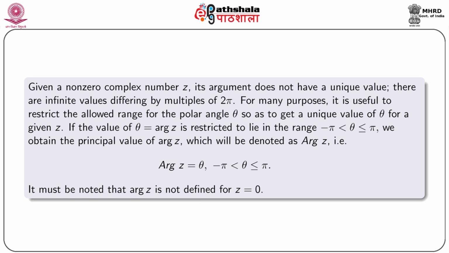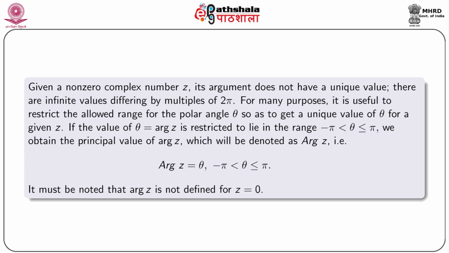There are infinite values differing by multiples of 2 pi. For many purposes, it is useful to restrict the allowed range for the polar angle theta so as to get a unique value of theta for a given z.